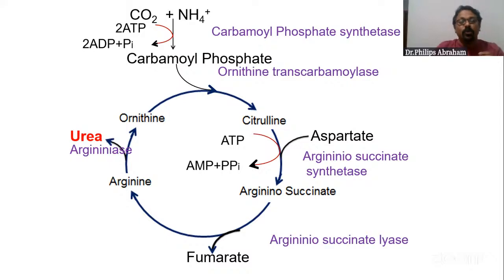So through the urea cycle, 4 ATPs are utilized, but because of its relation with the TCA cycle, it is able to produce 2.5 ATPs. So the net utilization is 1.5 ATP. So your answer is 1.5 ATP. That's the answer for that question.